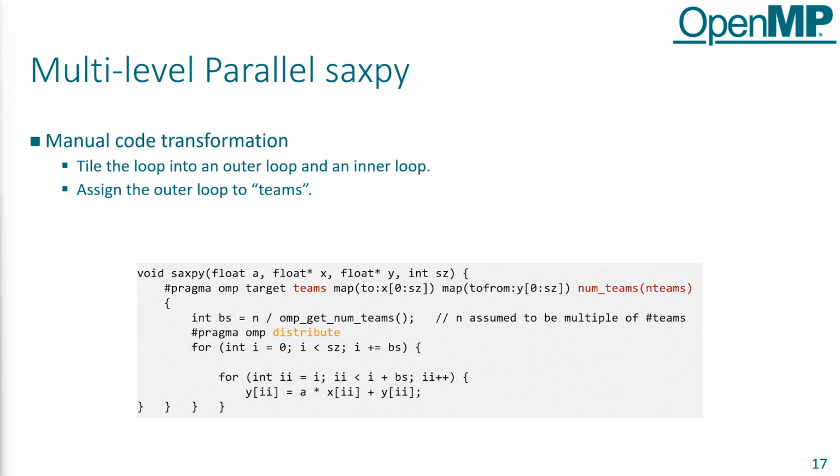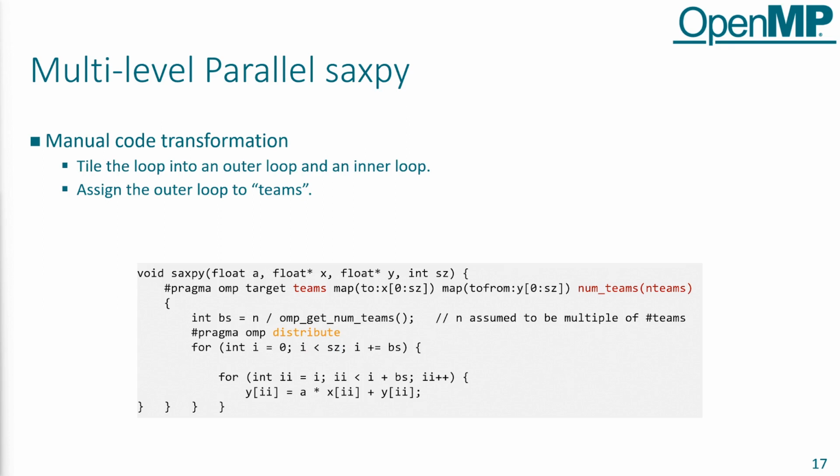The other thing I've added is a work sharing construct called distribute. What distribute does is it takes this outer loop running across the tiles of size block size, and assigns each tile to one of those teams. Consider that a regular work sharing construct, with the only difference that instead of assigning a loop to individual threads, it is now assigning that loop with a certain schedule to the number of teams that we created, so that each team is executing one or two iterations of that loop.